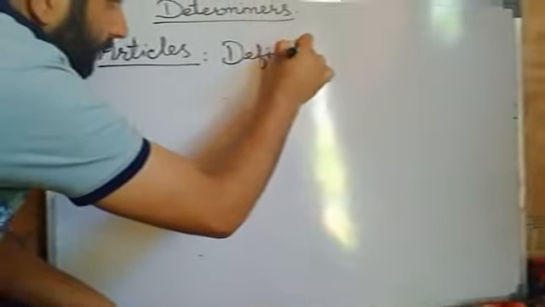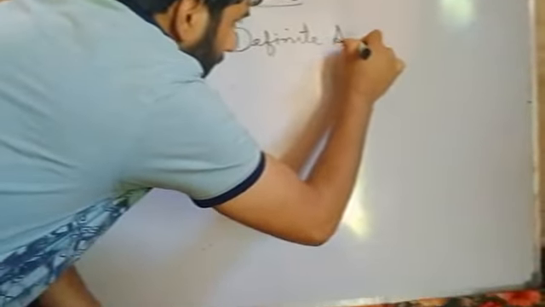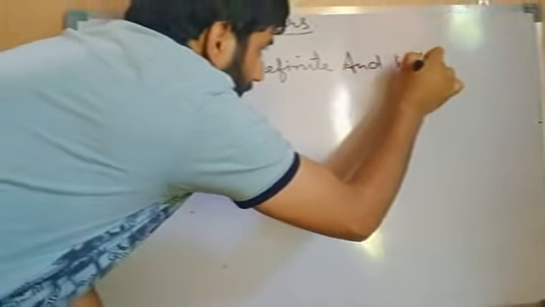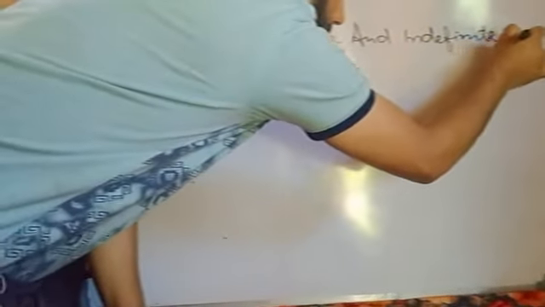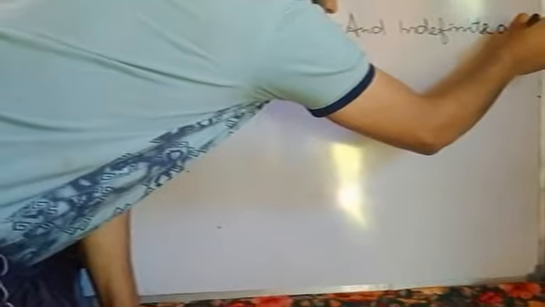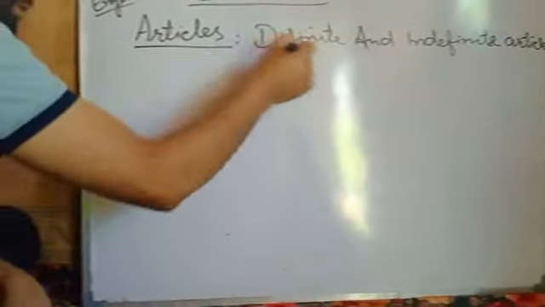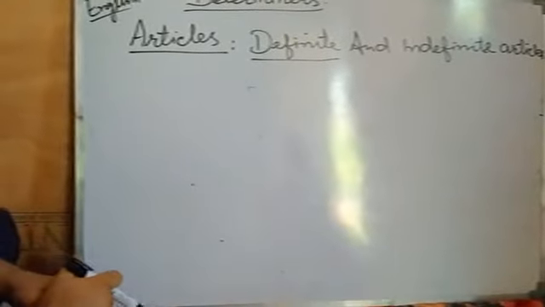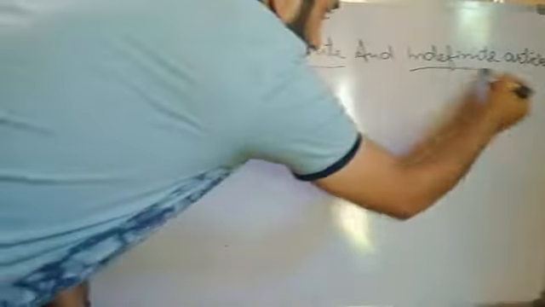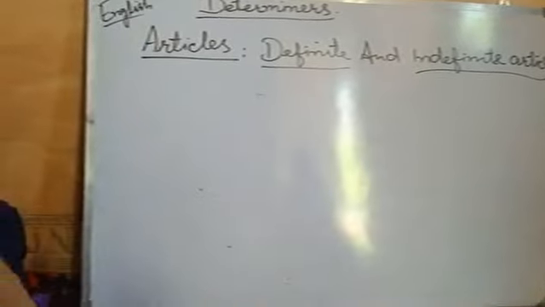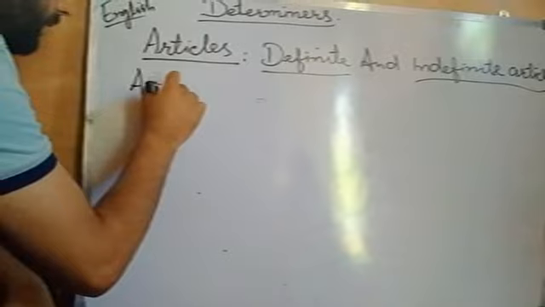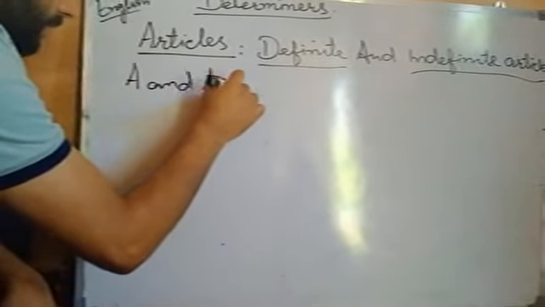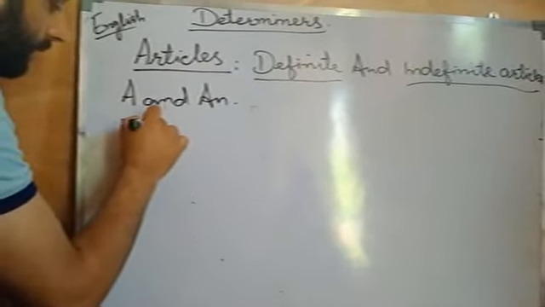Definite is a very vast topic. Let's know what indefinite articles are. Indefinite articles are a and an. Definite is the.